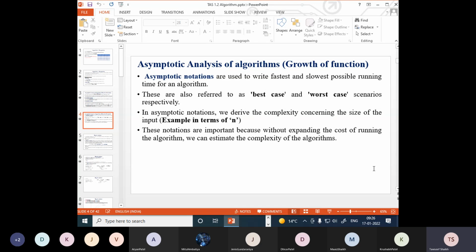So to find out how this algorithm behaves in the worst case, how its performance changes in the best case, and what is the average case performance of this algorithm, these are given by these asymptotic analysis techniques.